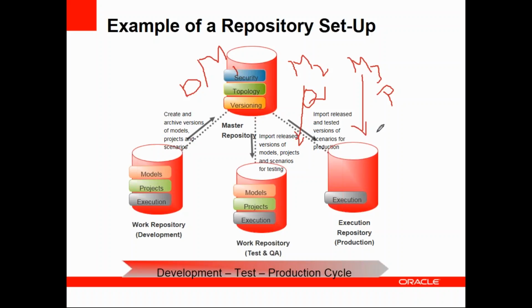So generally we have different environments, and every environment has its own master and work repository, and we move metadata from one environment to another by exporting and importing, right? Exactly. Is that clear? Yeah.